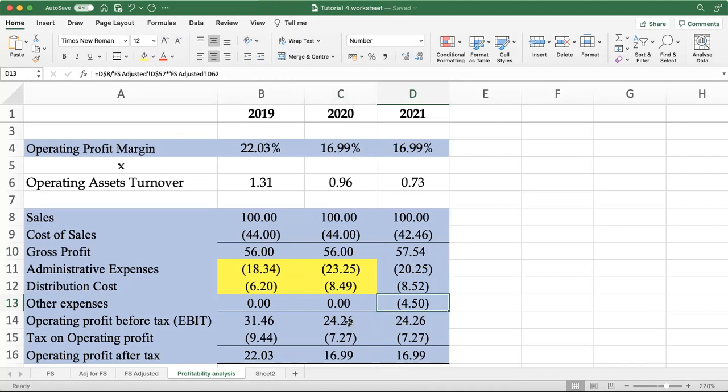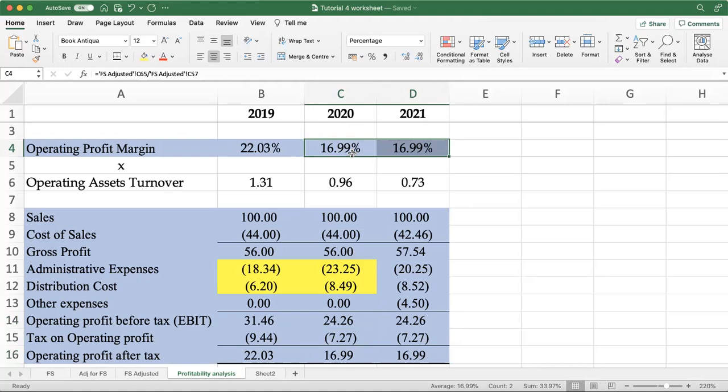So as a result, your EBIT is the same. Then operating profit after tax, common size value is the same. If you see the operating profit margin, 2020 and 21, there's no change.